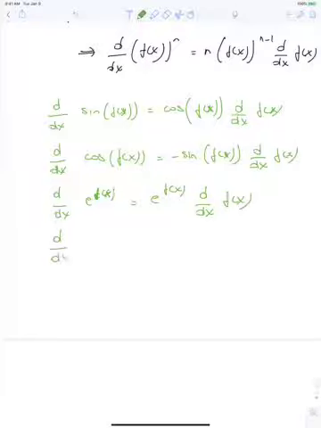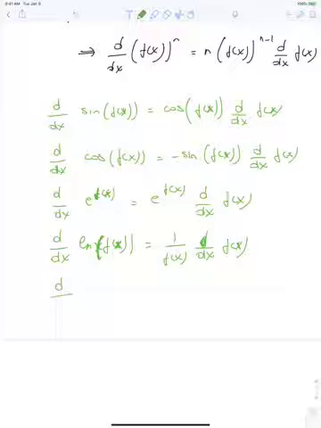And then the derivative of logarithm of f of x is equal to 1 divided by f of x, which is the derivative of the log, times the derivative of f of x. Well, I guess I should have written this one here in green too to be consistent, so I'm going to write it here. f of x power n is n times f of x power n minus 1 times the derivative of f of x.